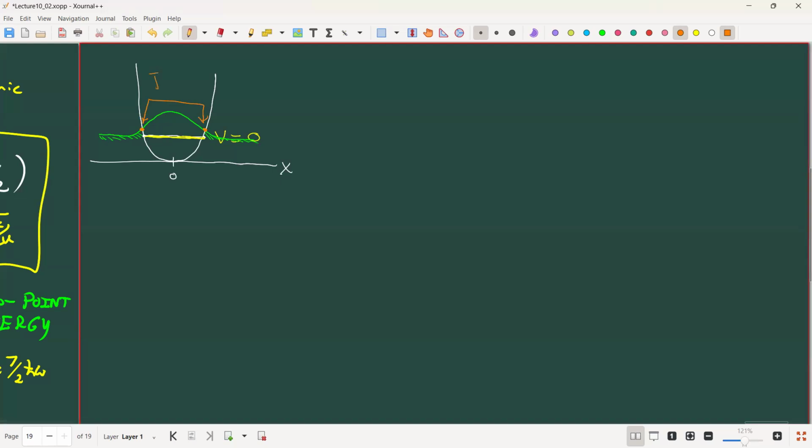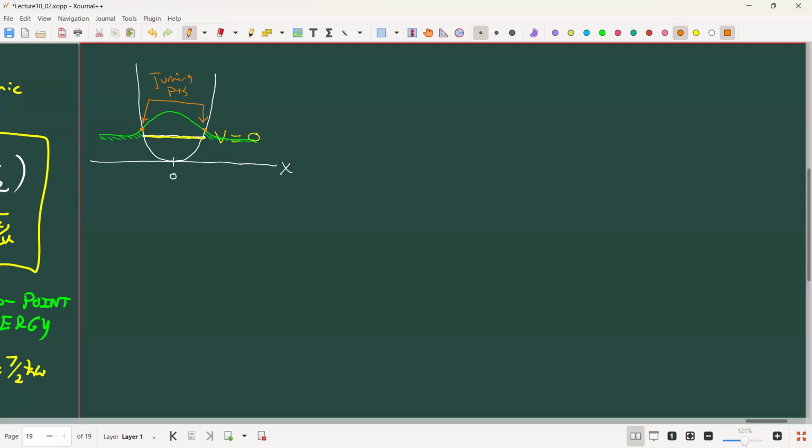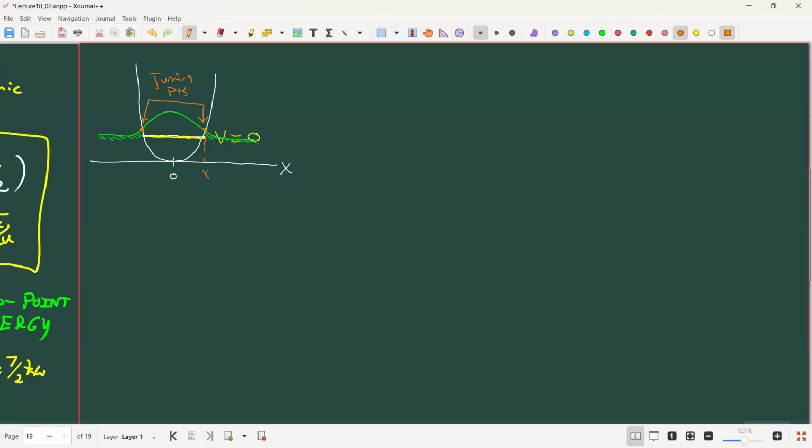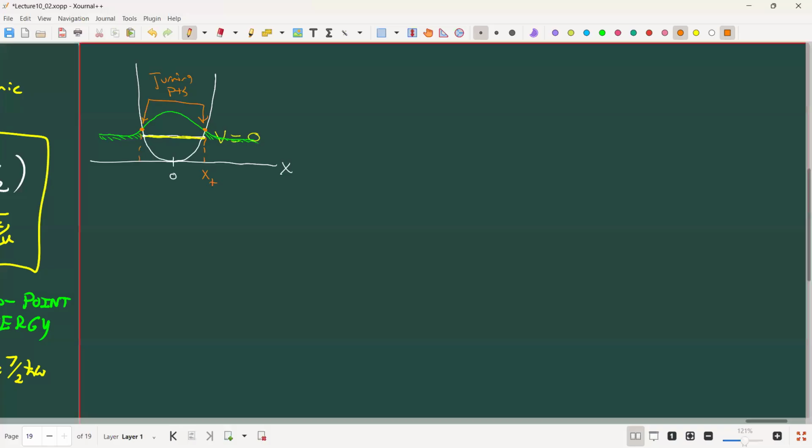I want to calculate the turning points. If I know that, then all I need to do is integrate from the turning points out to infinity. We're going to call this point x plus and this point x minus.